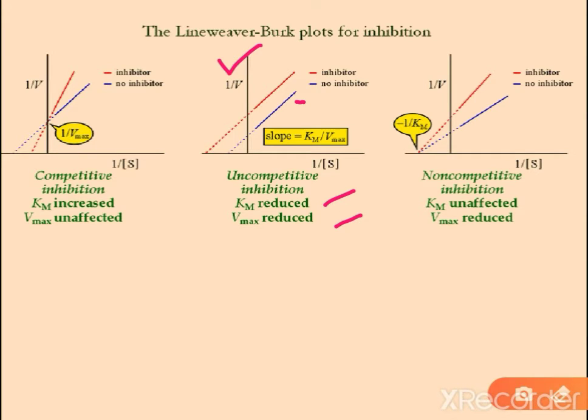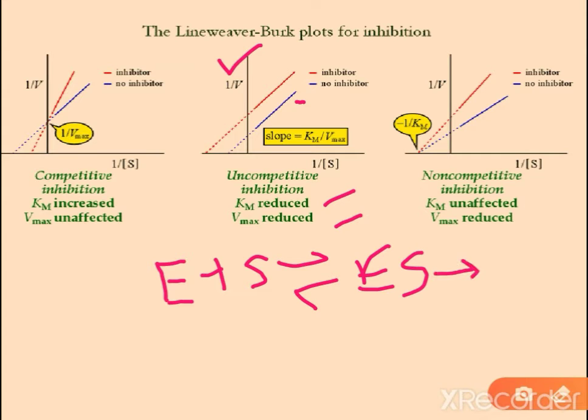Here the uncompetitive inhibitor binds the enzyme substrate complex, not at the active site, but at any other site. I can write here the reaction: enzyme plus substrate produces the enzyme substrate complex and then produces enzyme and product.